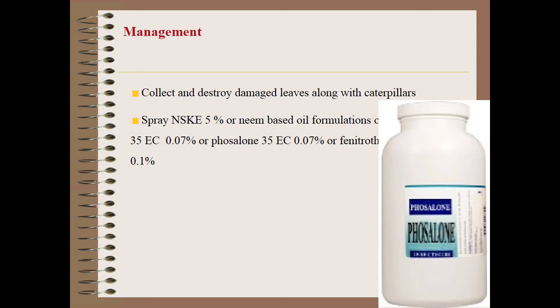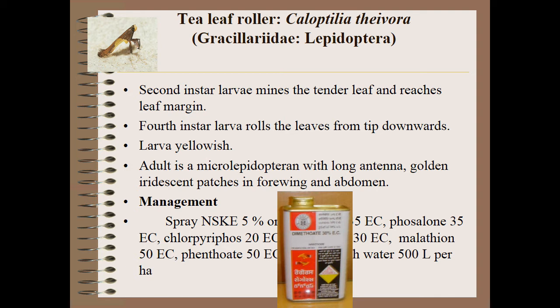and quinalphos, phenthoate, etc. The next one is the leaf roller or tea leaf roller, Caloptilia theivora, Gracillariidae, Lepidoptera. The second instar larva binds the young or tender leaf and reaches the leaf margin, and the fourth instar larva rolls the leaf from tip downward.